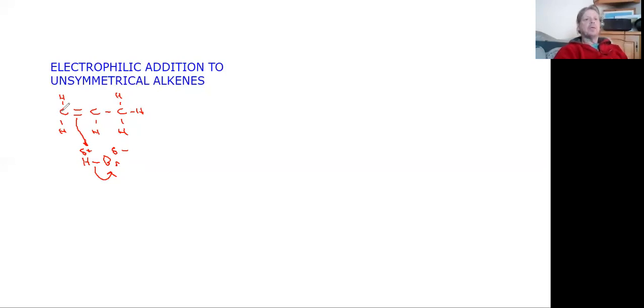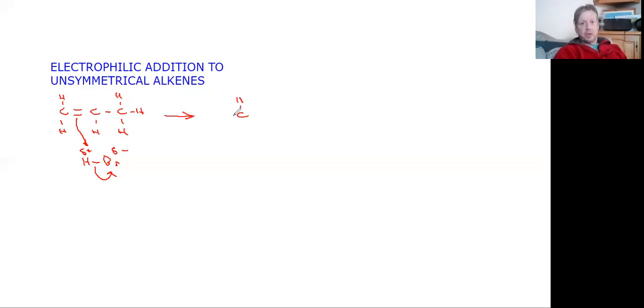We could either put the hydrogen on this carbon or we could put it on this carbon. We can't put it on this one because this carbon is not next to the double bond. We're going to put it on the first one, just for now. So we've got to make a decision somewhere, so we're going to put it on the first carbon.